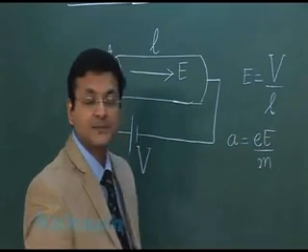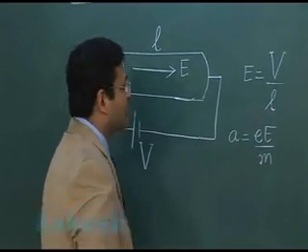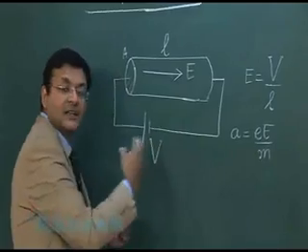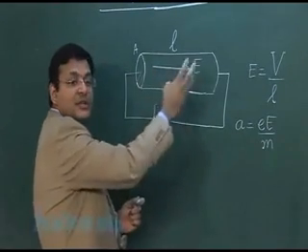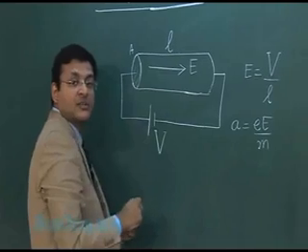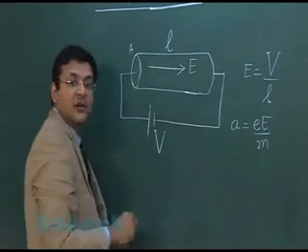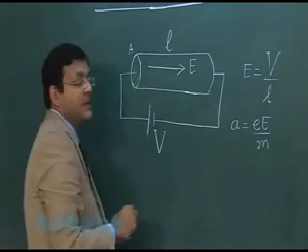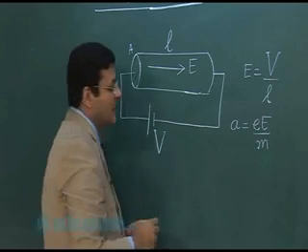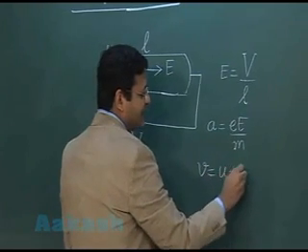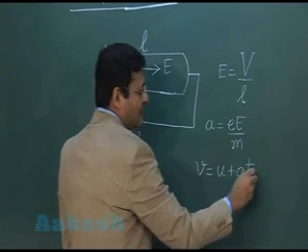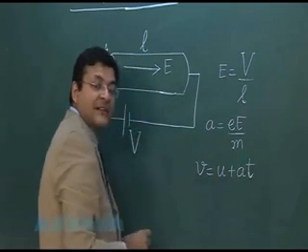And you can understand that the electrons are in random motion, in a constant collision process. Between two successive collisions, the average speed is V. Let us suppose you are using the formula V is equal to U plus at. I am using this formula for average speeds.